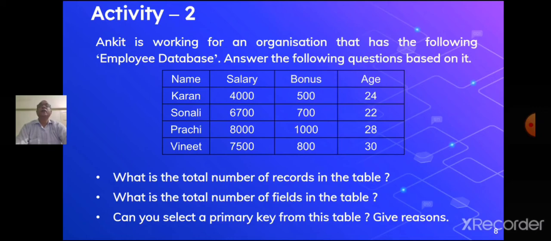So children, name, salary, bonus, age cannot be unique. So what is the answer for this question? The answer is, we cannot select primary key for this table.